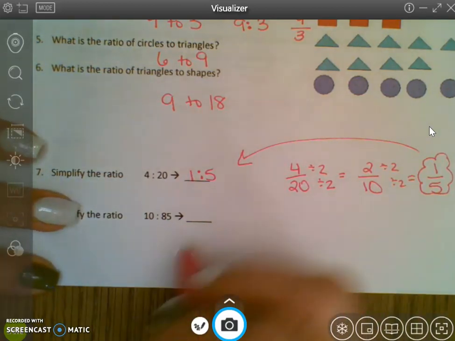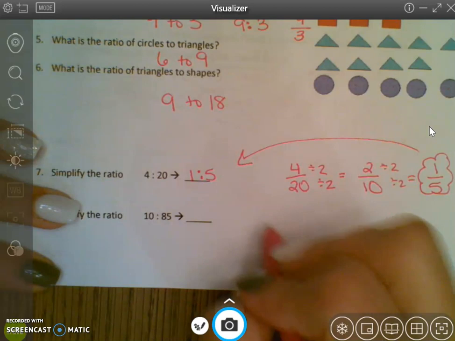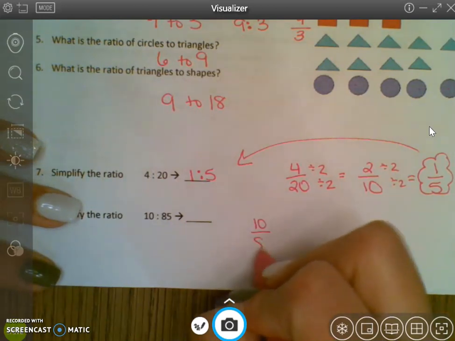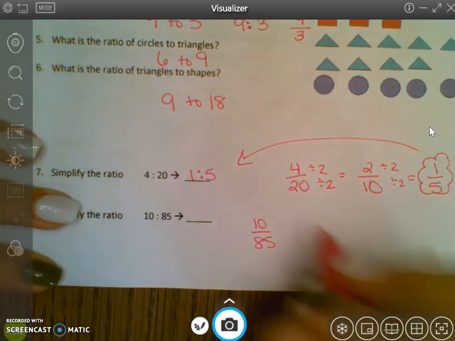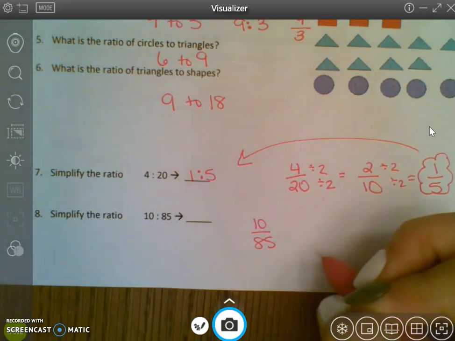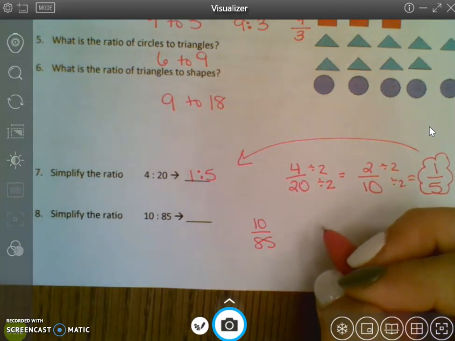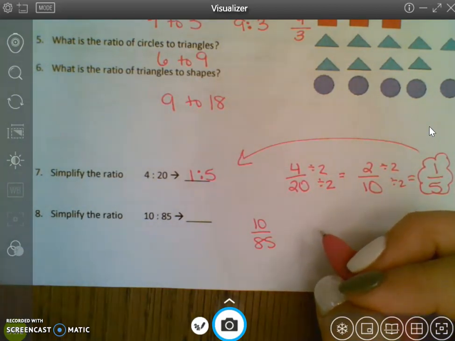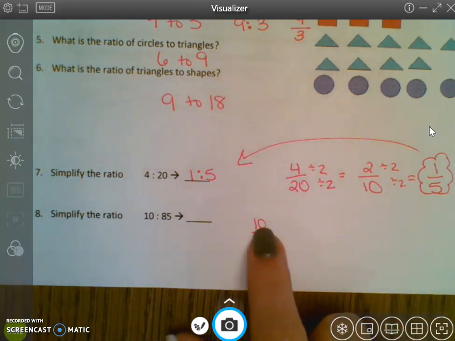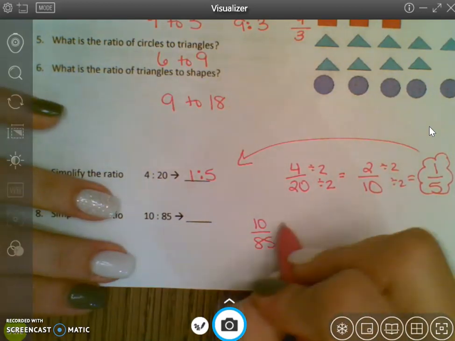Okay, 10 to 85. I'm going to make it into a fraction again because I like how they look better. 10 and 85, 2 won't go into them because 85 is not even. However, 10 ends in a 0 and 85 ends in a 5, which means automatically a 5 goes into both of them.